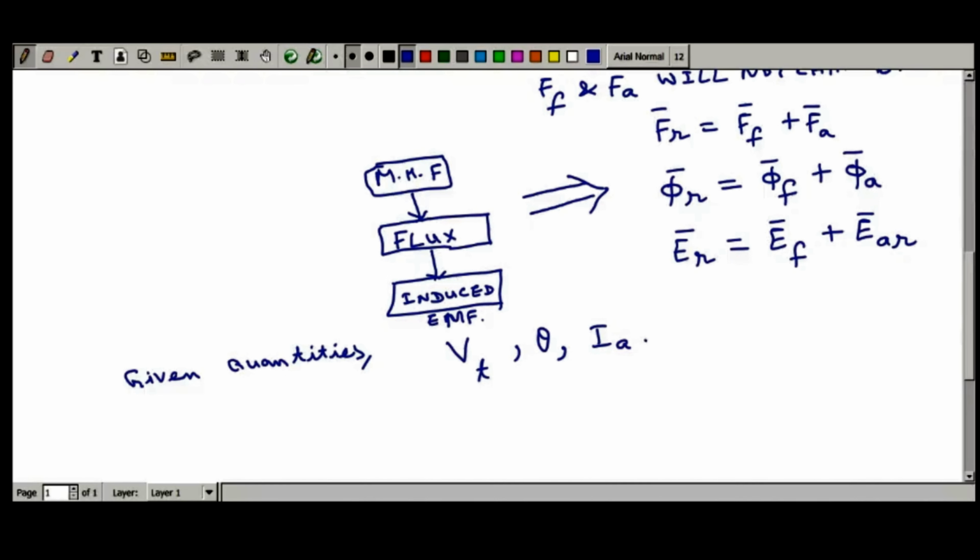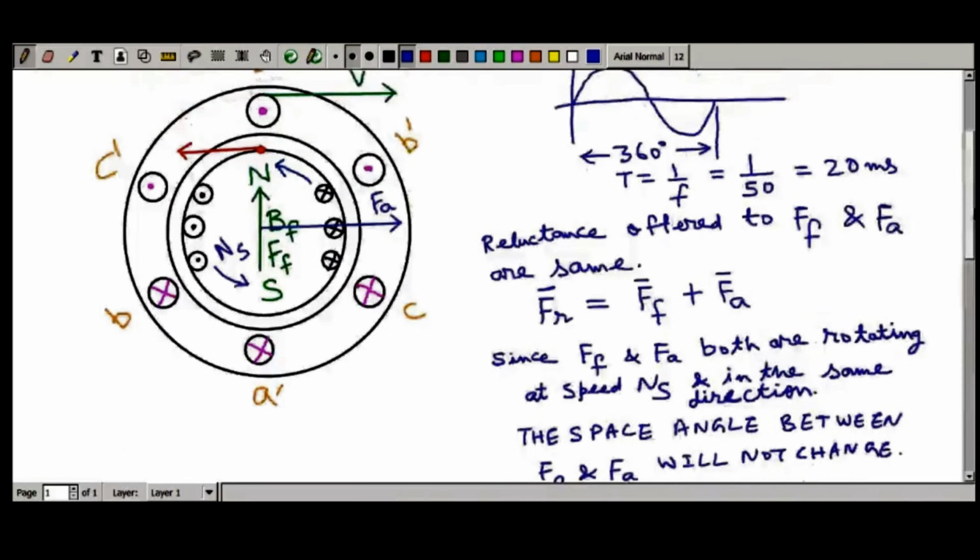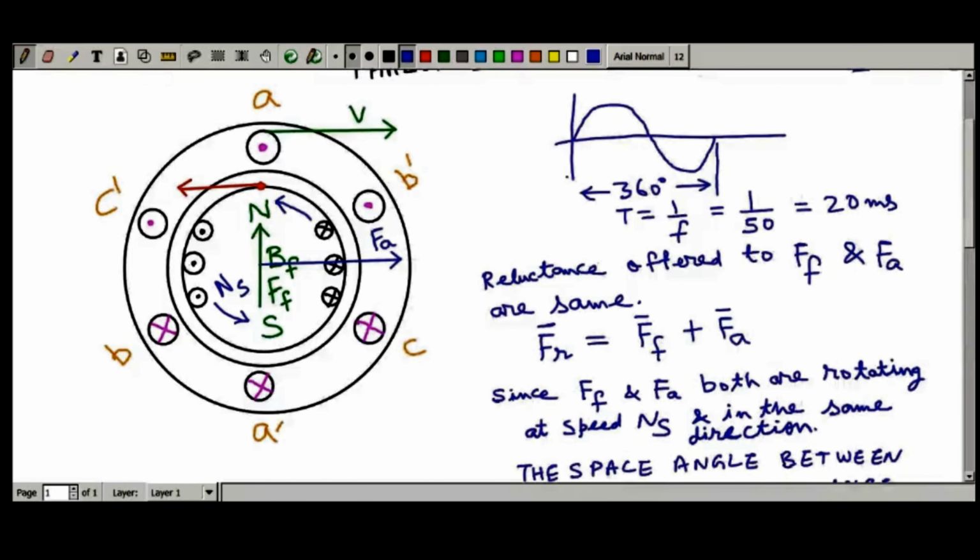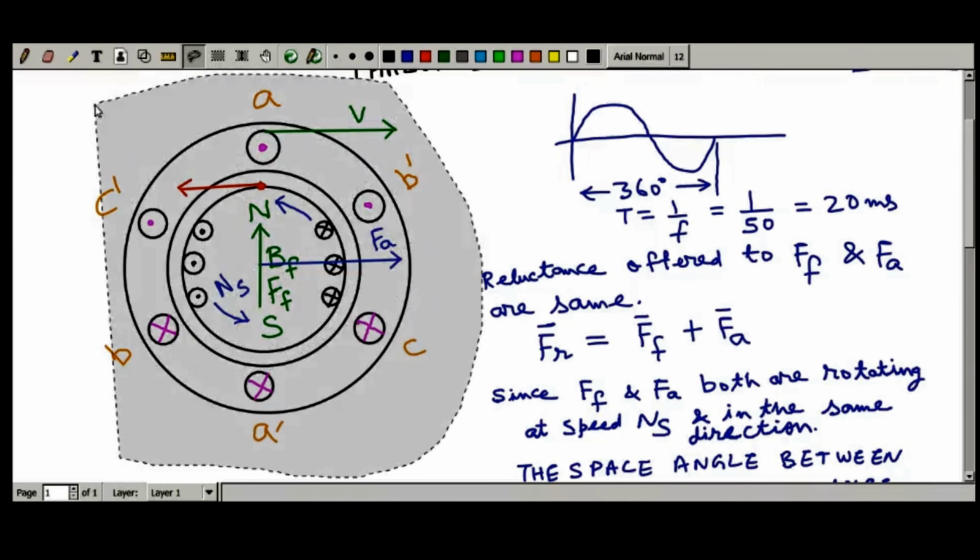So these are the things given. What else is given? Per phase armature winding resistance and armature leakage reactance XAL. So this armature leakage reactance, just let me indicate it over here. Let me just copy this so that we can use it somewhere else.